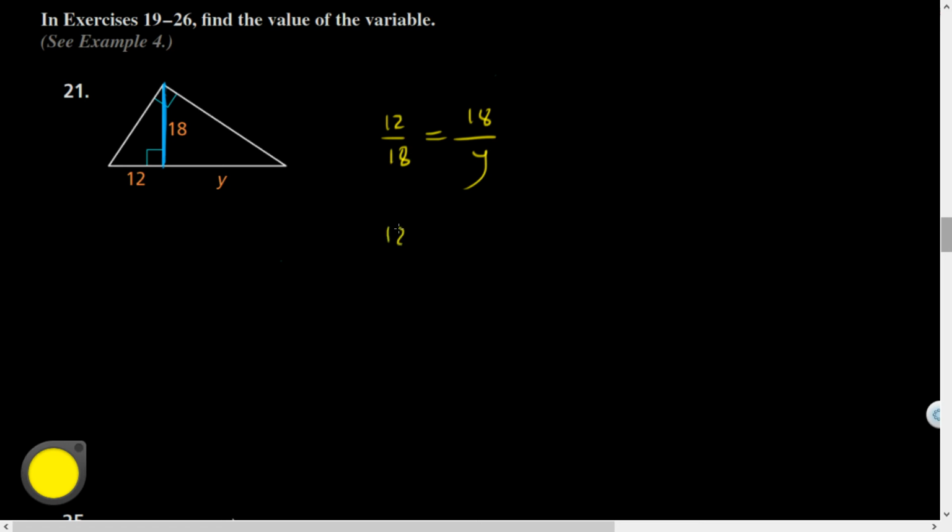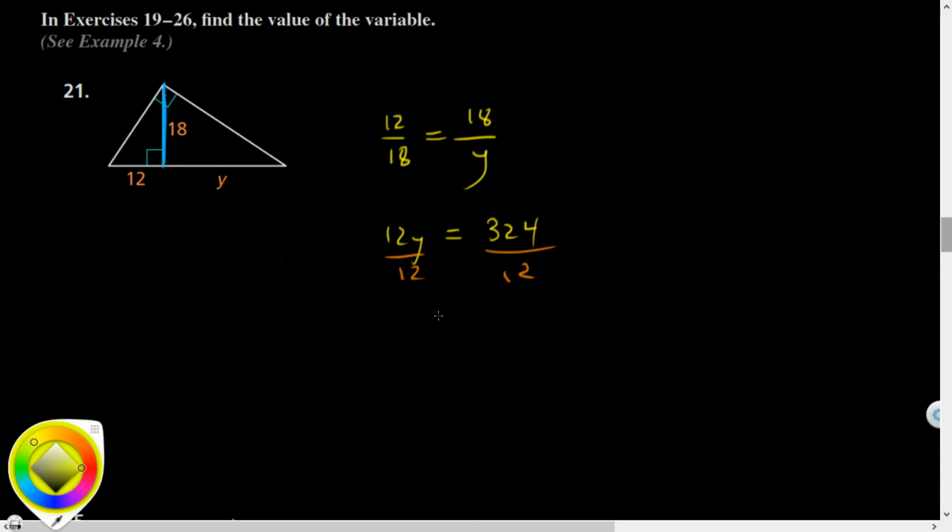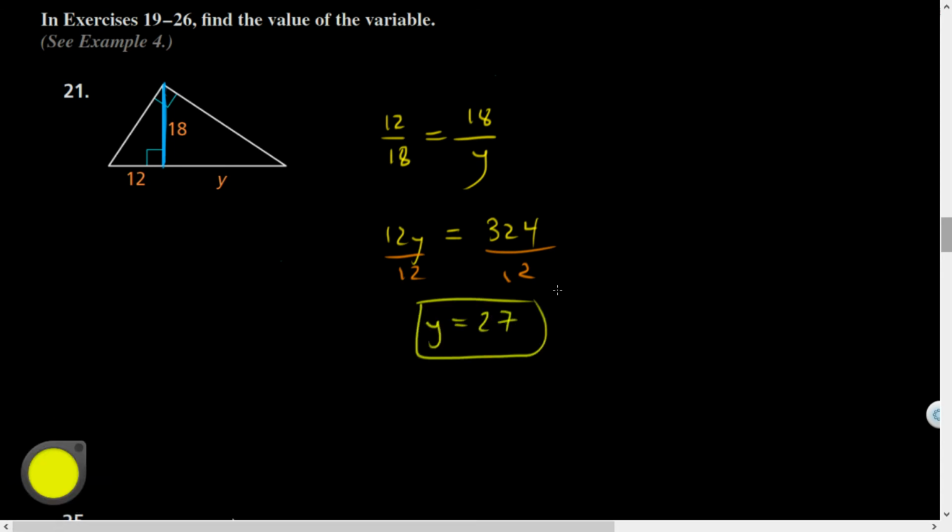If I cross multiply, 12y is equal to 18 squared, which is 324, and then divide by 12. So it's the setup that's going to be the tricky part. The altitude version isn't horrible. I think the trickier one is the geometric mean leg theorem.